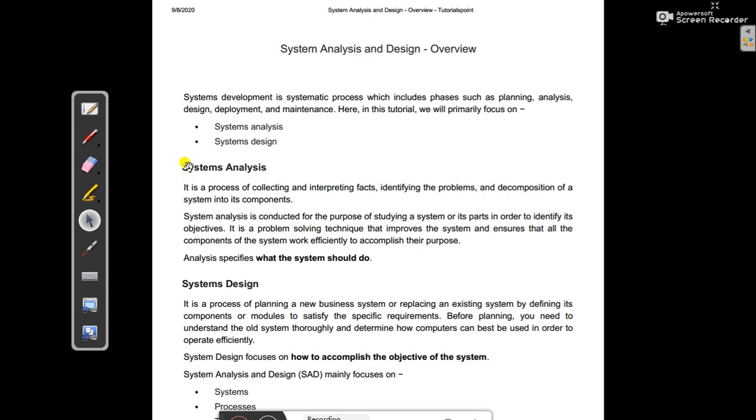So if we concentrate on system analysis, then we have to think about what the system should do. If we can answer that question, then this analysis part can be solved.